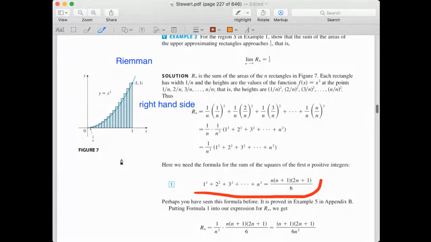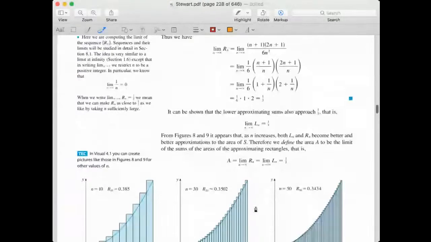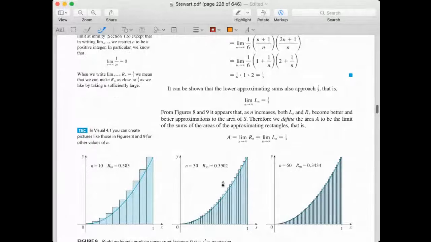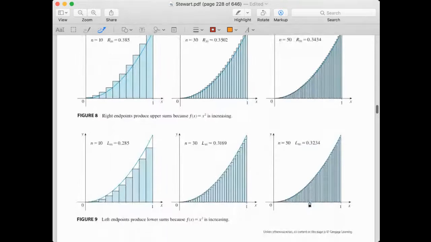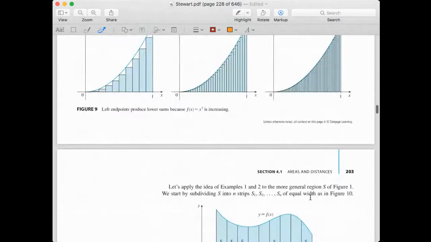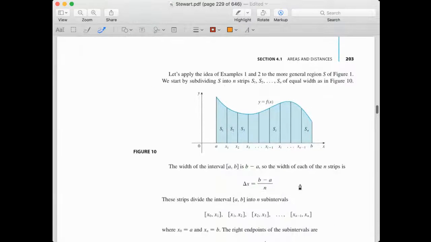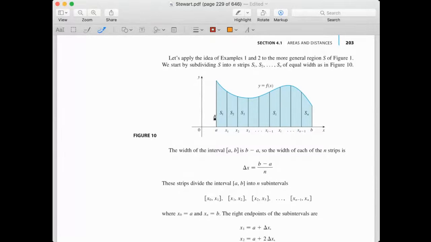You see the marvelous idea about taking limits? You cut it more and more precisely, so we could see the approximation getting closer and closer to 1 over 3, and it's exactly 1 over 3. So this is the idea of Riemann sum.